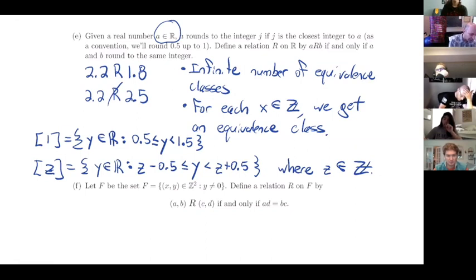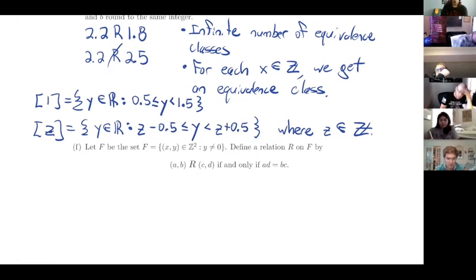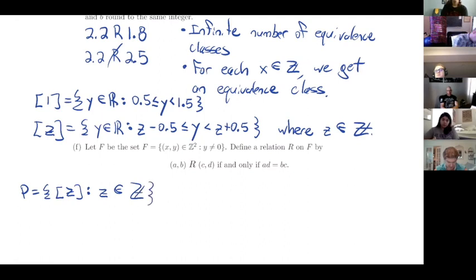And then if we want to describe altogether what all of those equivalence classes would look like, our partition would be the set of all equivalence classes Z. Since that's how we get a partition from the equivalence classes, each equivalence class is going to be a different part.